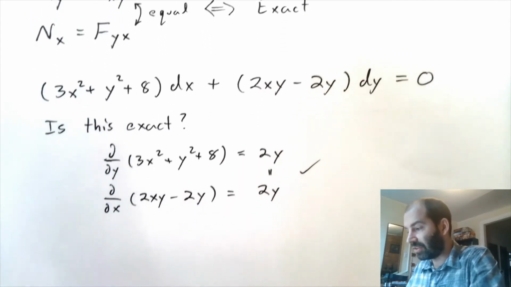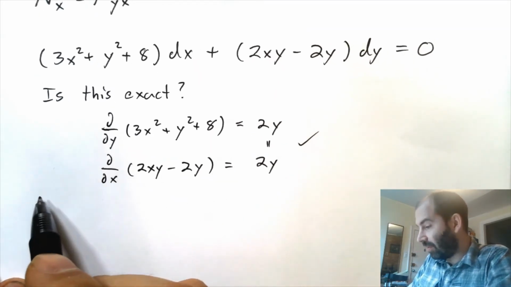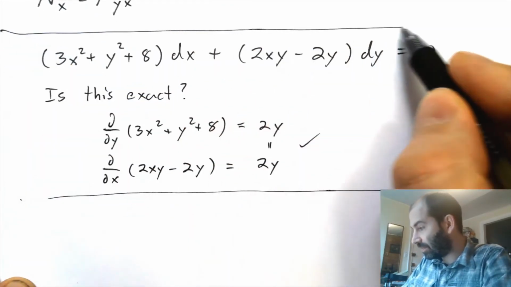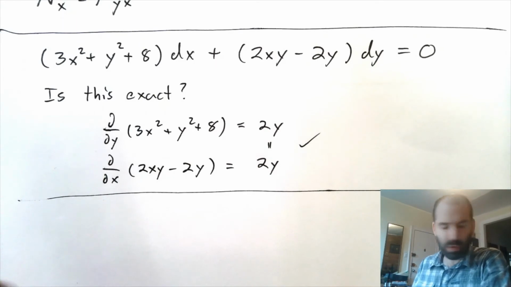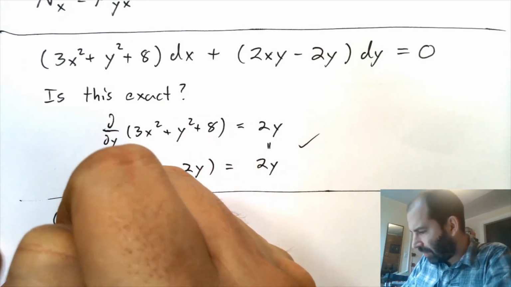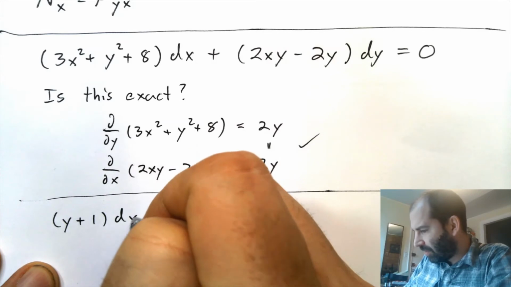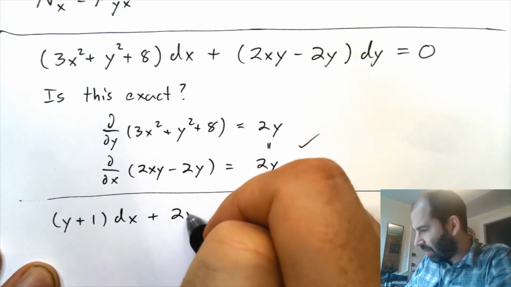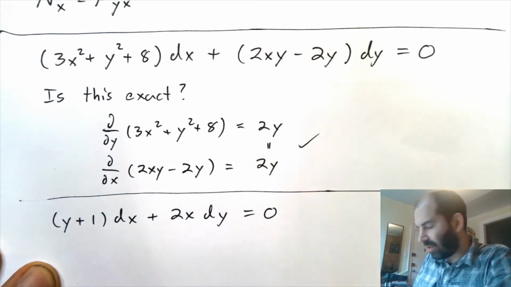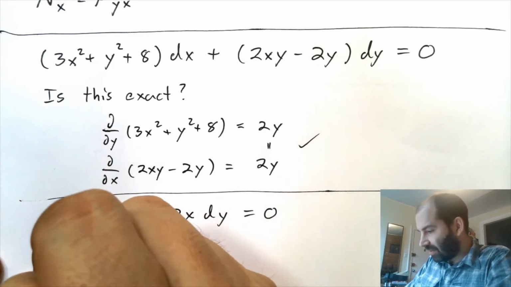Okay, let's look at another example. This is an example from our last video. I don't have it written down, but I think it was (y + 1) dx + 2x dy = 0. Is this exact?